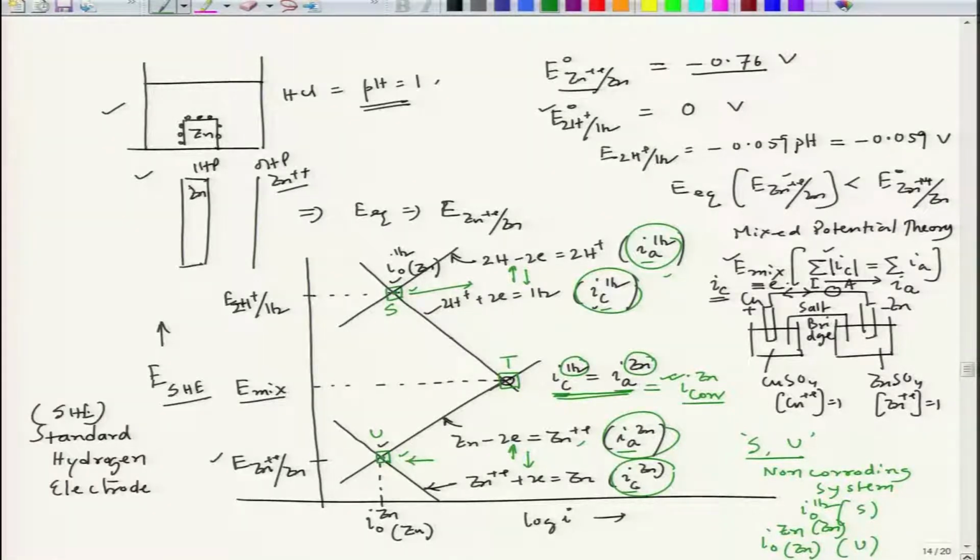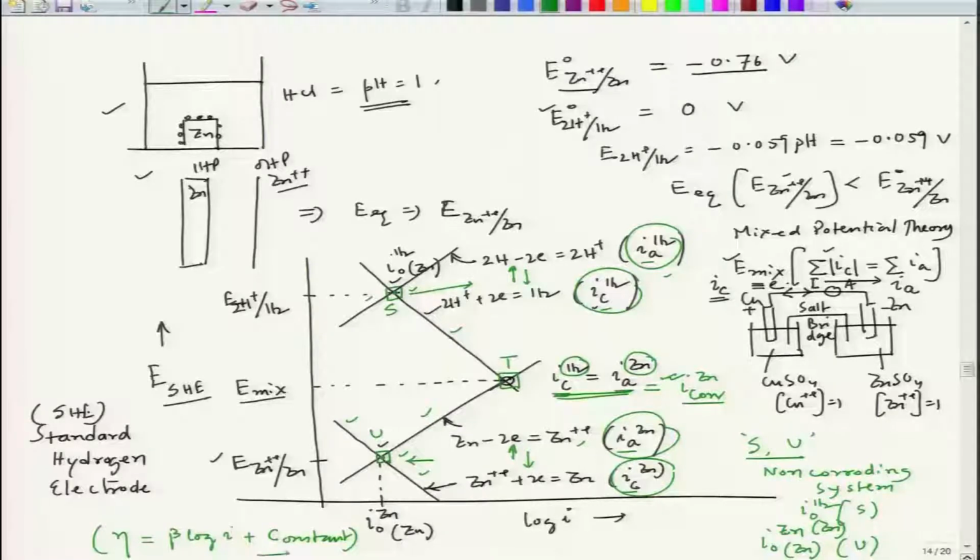This is the connection between activation polarization and mixed potential theory, because in both the cases we are expressing all 4 lines with the general expression beta log of I plus some constant C.